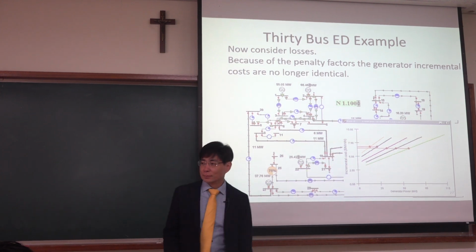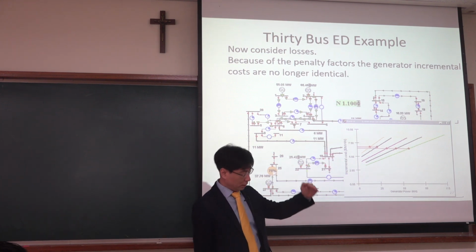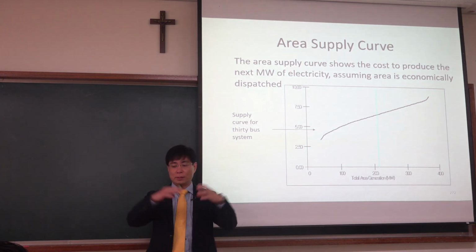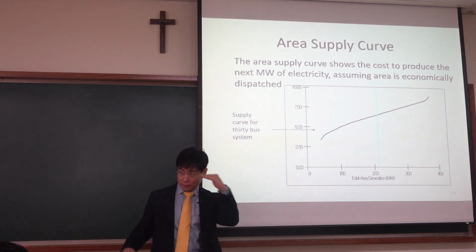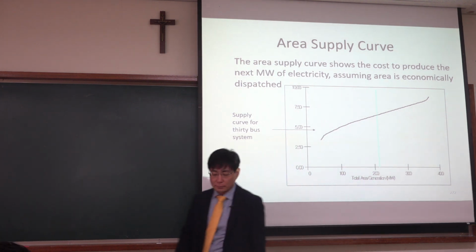So after you solve economic dispatch, you can decide that at this price, this amount of generation is possible. So just sum all the generation at the price, and then you have one curve.